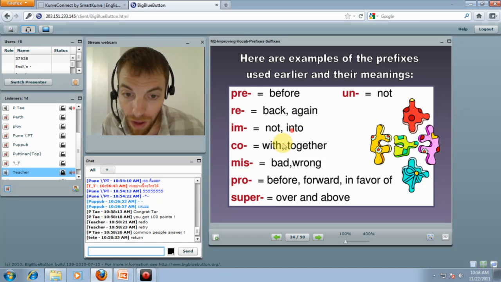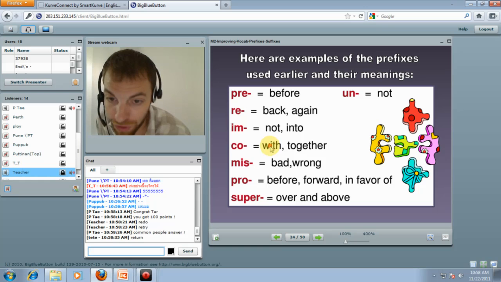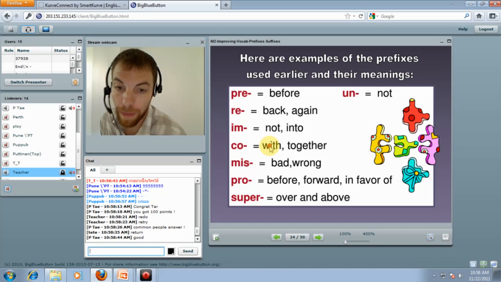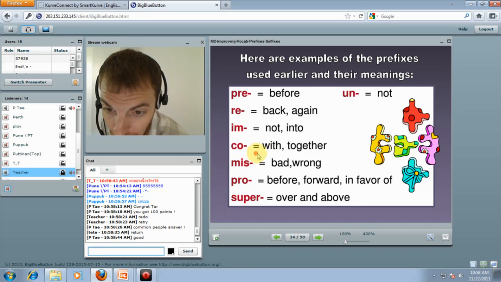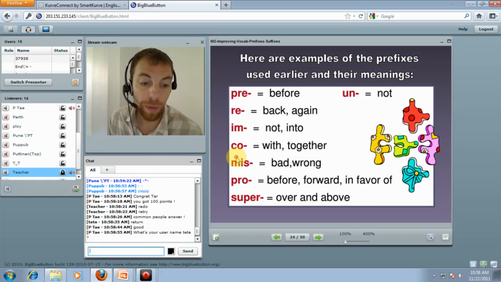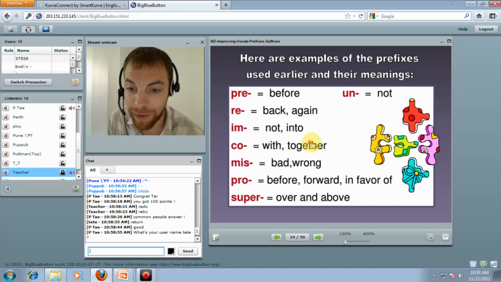So it's next one. Im, which means not usually or into. Like we had possible and impossible. Co is with or together. So we had cooperate and co-worker, cohesion, together.